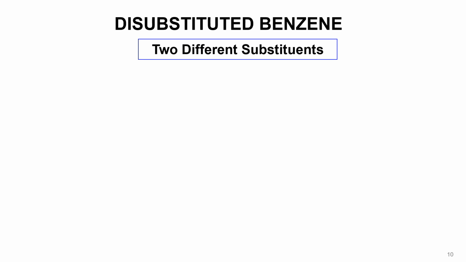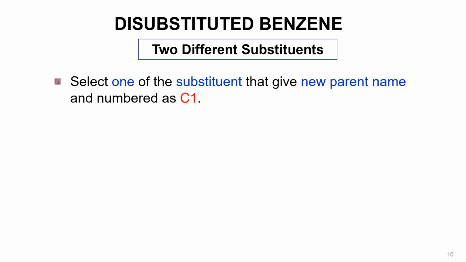For two different substituents, one of the substituents should be given priority to be the parent name. Select the substituent that gives the new parent name and number it as carbon 1. Look at this structure. There are two substituents, COOH and NO2.